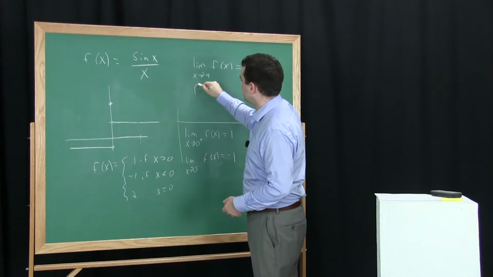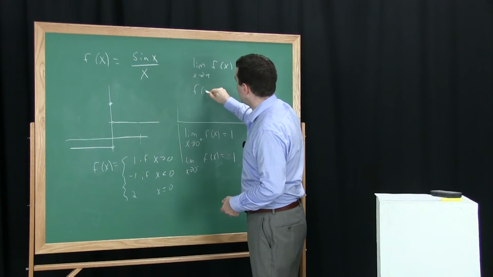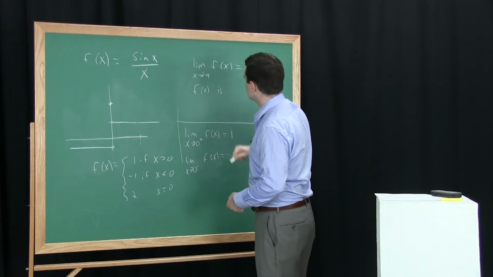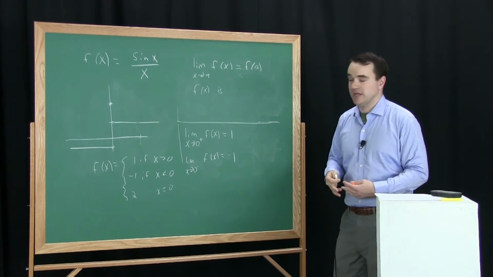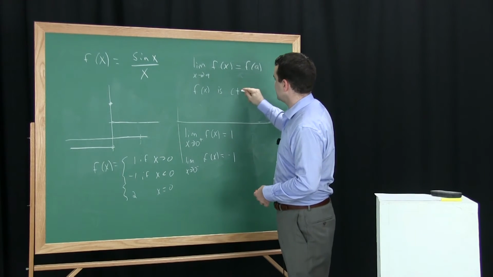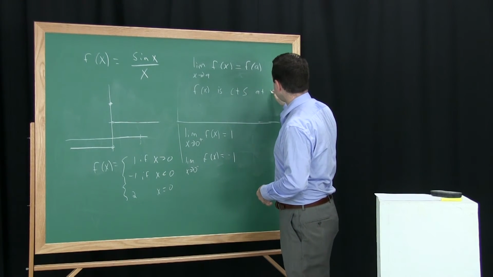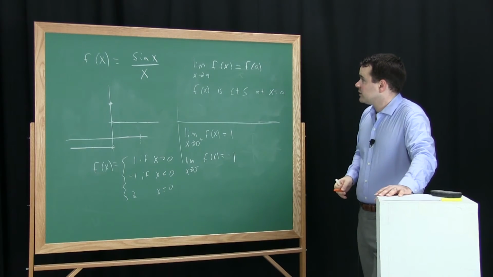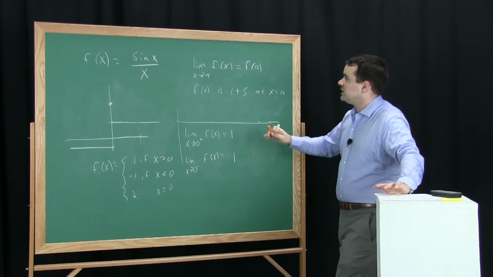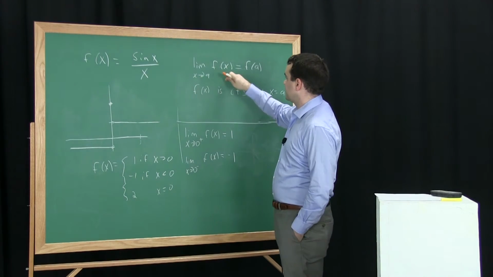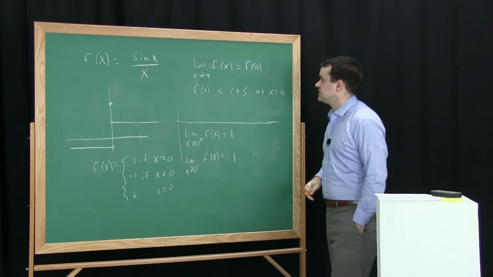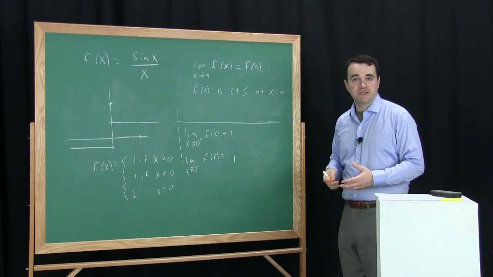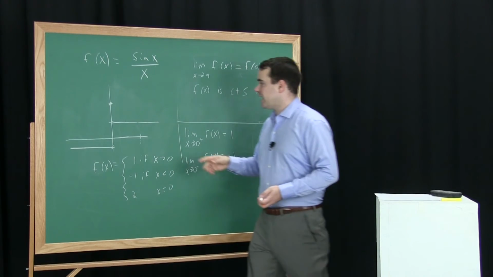You could say that the function f of x is continuous at the point x equals a. I'll just write CTS for continuous. So if the limit as x goes to a of f of x is actually equal to the value of the function f of a, then you say that function is continuous at the point.